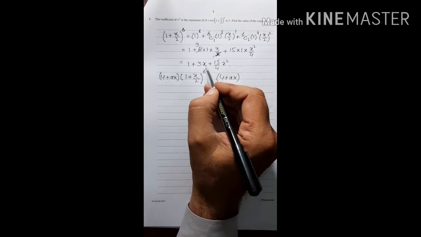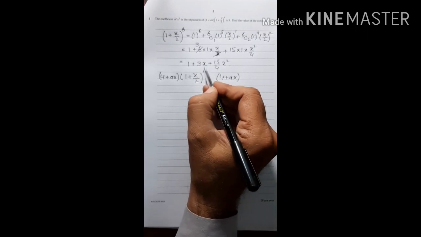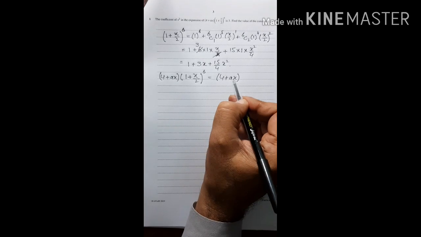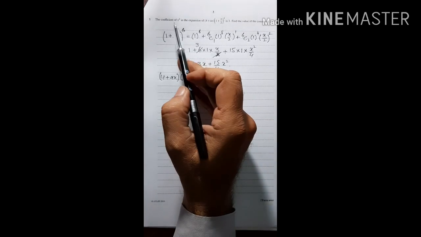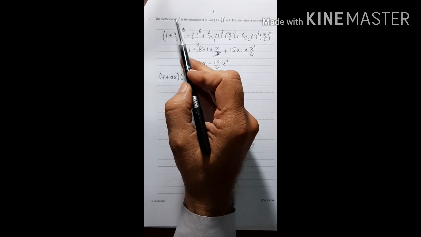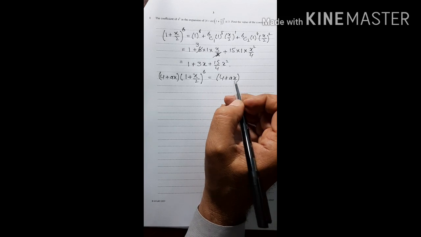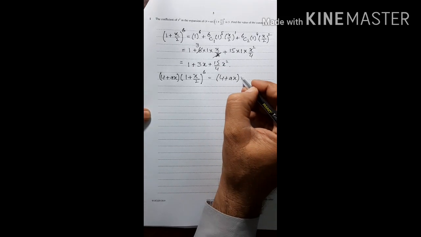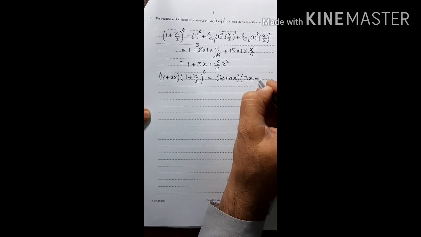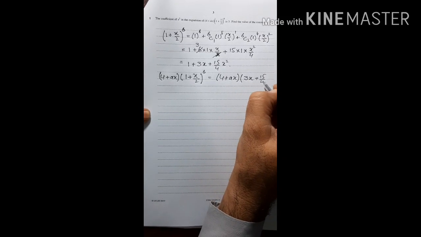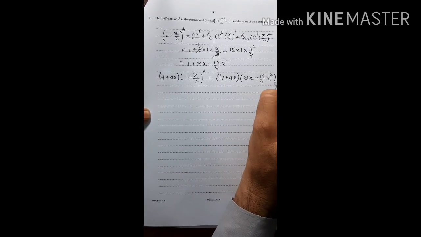I just need the second and third terms of this expansion, because I have to find the x squared coefficient.